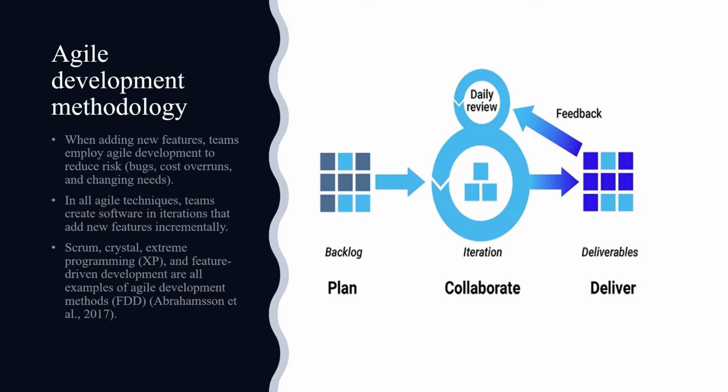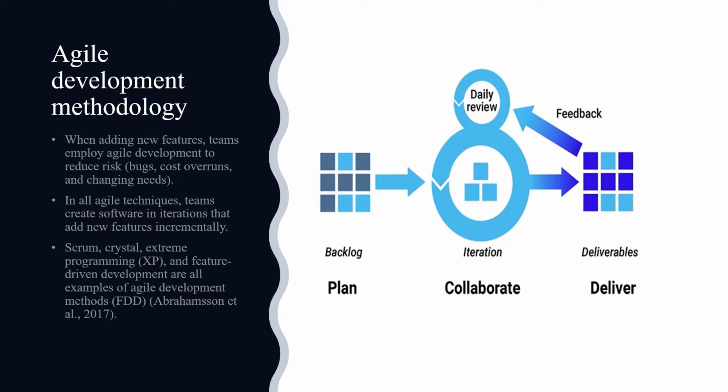On this slide, I'm going to be talking about the diagram and how it works. First of all, I'm going to start with the Agile development methodology. When adding new features, teams employ agile development to reduce risks, that is, bugs, cost overruns, and changing needs.